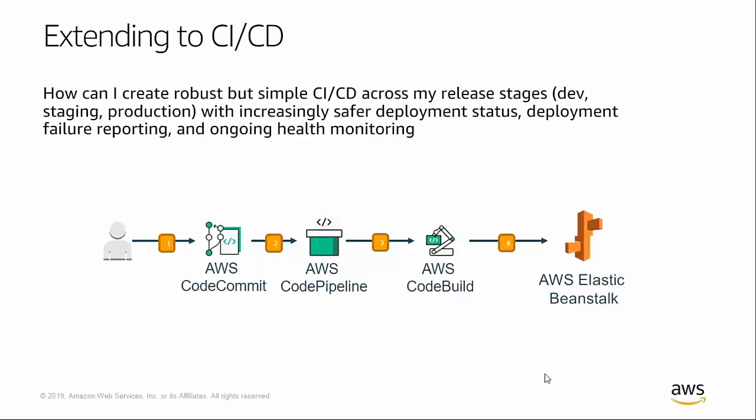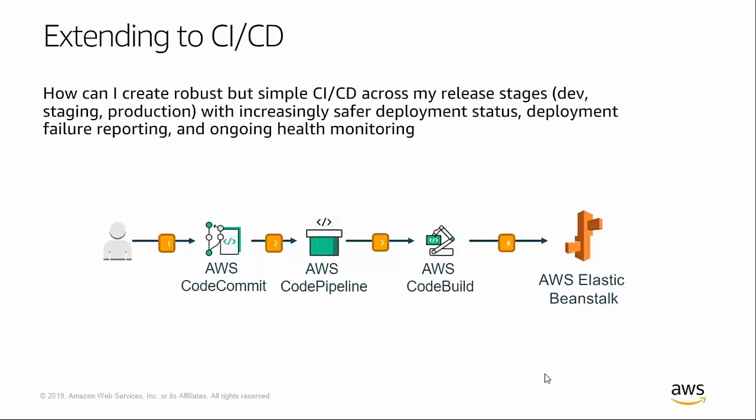So CodeCommit is AWS's source, a fully compliant Git source code repository. AWS CodePipeline helps you orchestrate basically going from source all the way to deployment into Elastic Beanstalk.